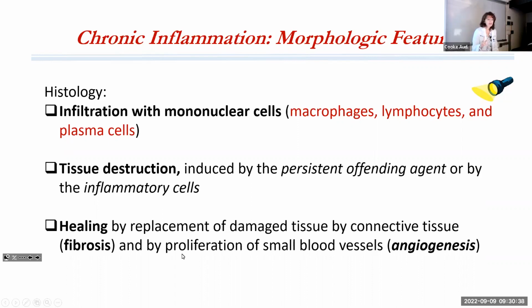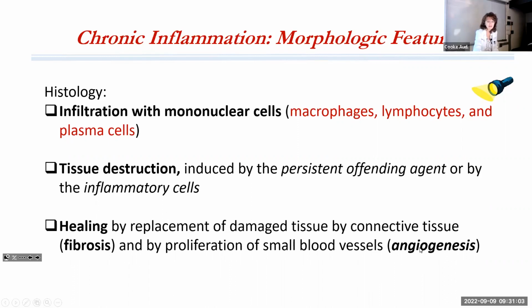Now let's come back to the morphologic features of chronic inflammation. Aside from mononuclear cells, you will see tissue destruction induced by the persistent offending agent or by the inflammatory cells. And you also see some degree of healing by the replacement of damaged tissue by connective tissue, that we call fibrosis, and by proliferation of small blood vessels. We call that angiogenesis.